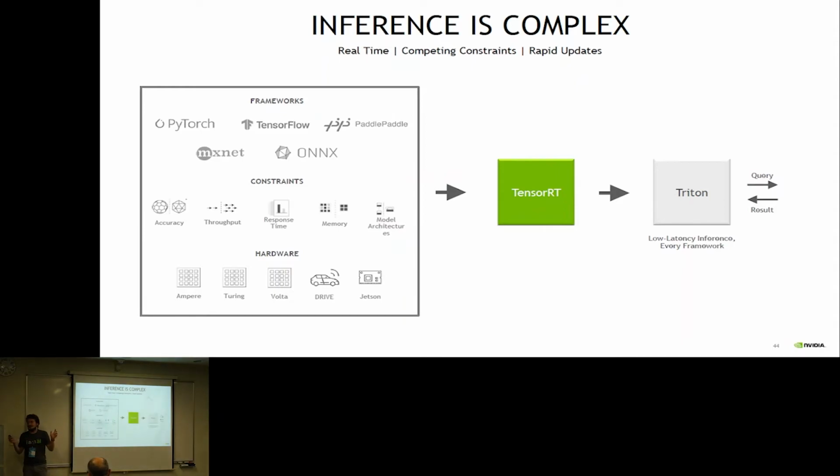Basically, TensorRT is an optimization compiler for neural networks. You give it your neural network, and it optimizes the implementation of it in the backend. The result of applying TensorRT to your neural network is what we call an engine file.